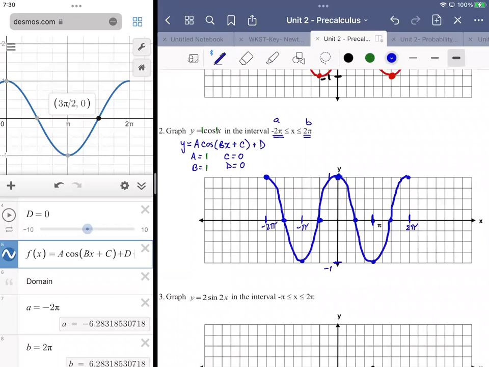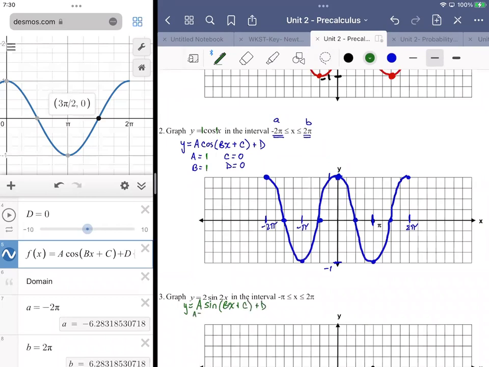All right, but then, you see the next one, I'm kind of jazzing things up a little bit. So instead of having an A and B value of 1 and 1, I have an A value of 2. So the general form here, A sine bx plus c plus d.